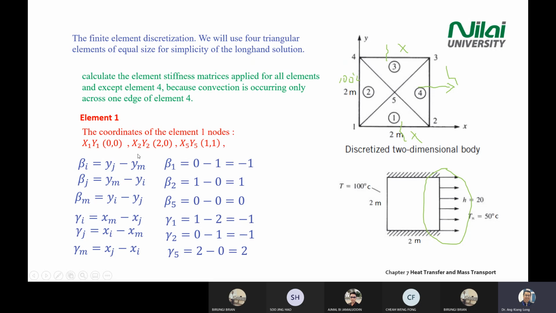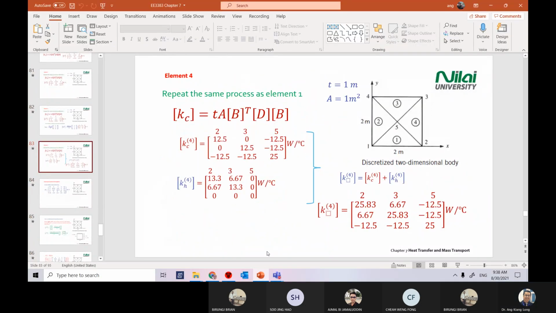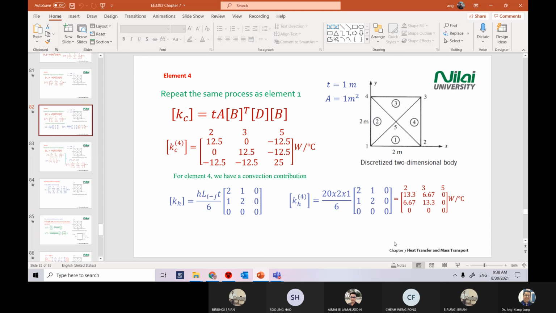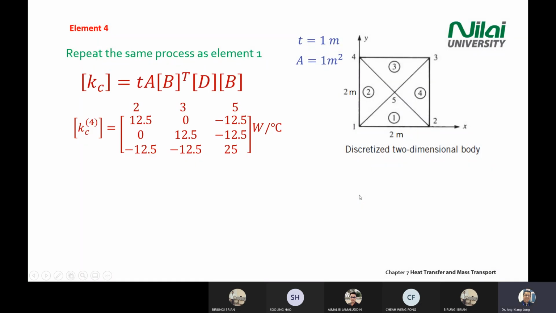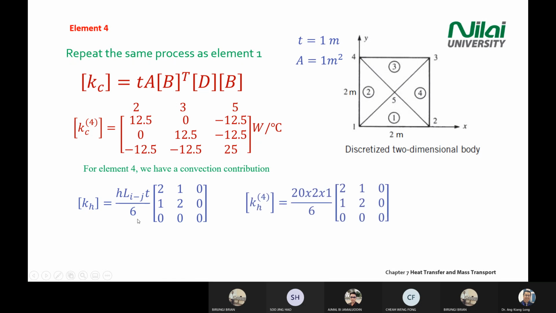That's why in your calculation for element 4, you need to include the heat transfer for element 4. So if you substitute the values, Kh equal to h value given, times Lij. So basically you take Lij is 2.